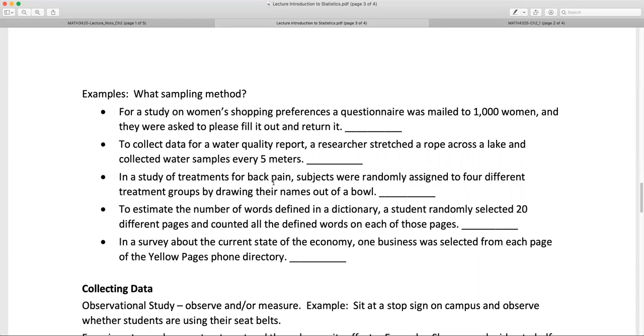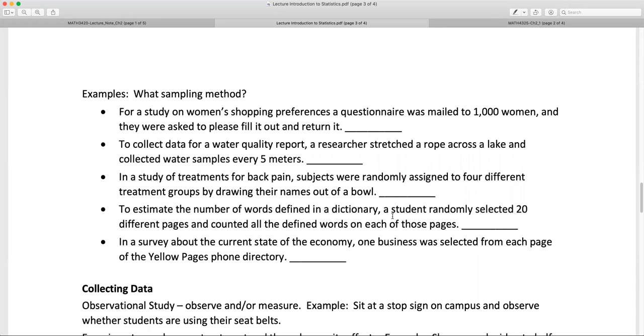Now next one. To estimate the number of words defined in a dictionary, students randomly selected 20 different pages.